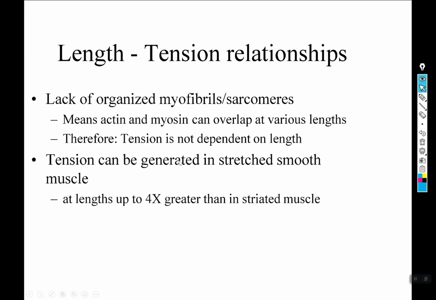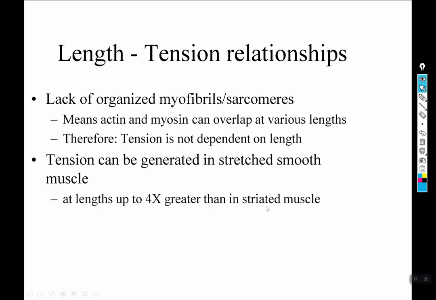So this means a couple things. One of those things is that since there's no length tension relationship, stretched smooth muscle can actually do something that striated muscle cannot. And that is, if you stretch smooth muscle, it will recoil and contract harder in response to being stretched. And it can do this at lengths of up to 4 times more stretch than striated muscle would.